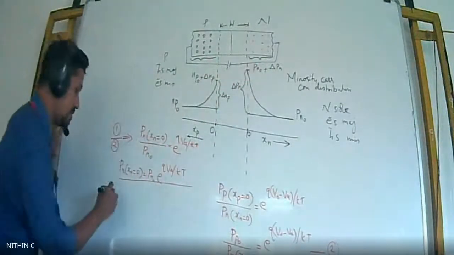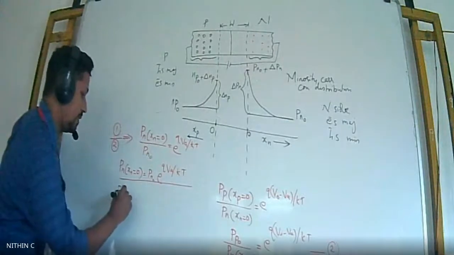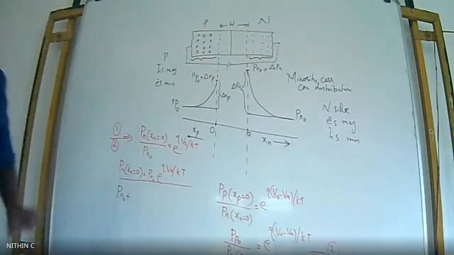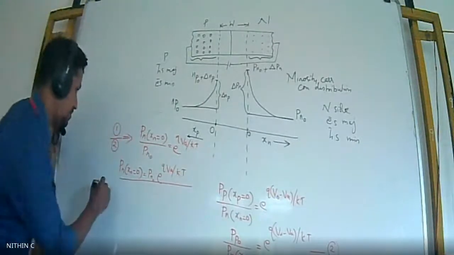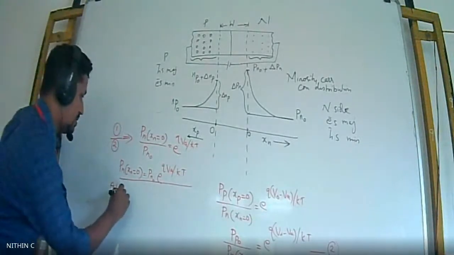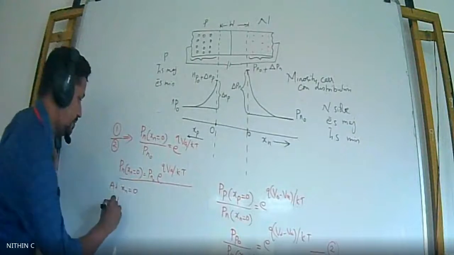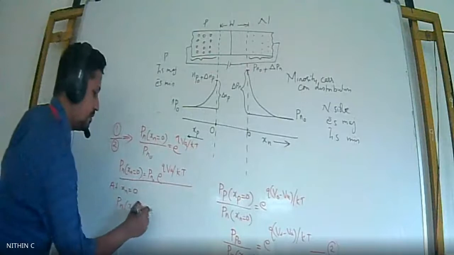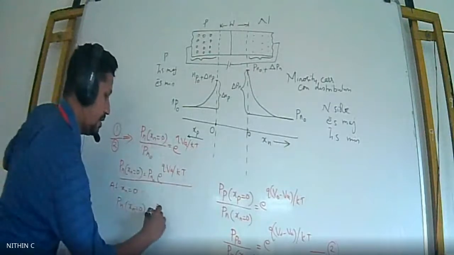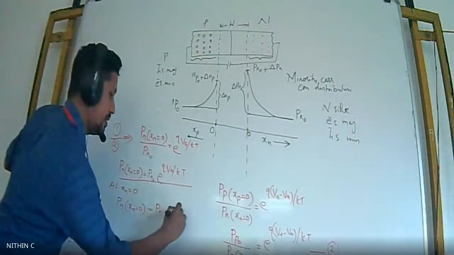So we can write that at xn equals 0, Pn(xn=0) is equal to Pn0 plus delta Pn.